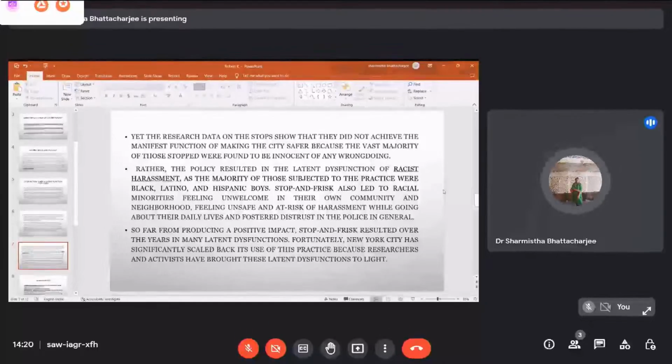Rather, the policy resulted in a latent dysfunction of racist harassment, as the majority who were subjected to the practice were Black, Latino and Hispanic boys.